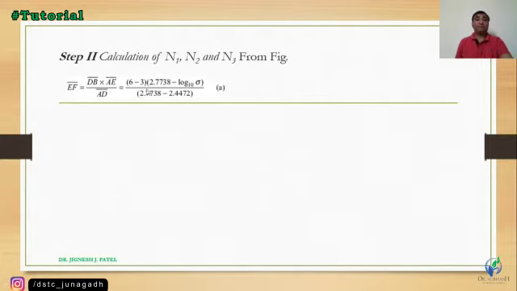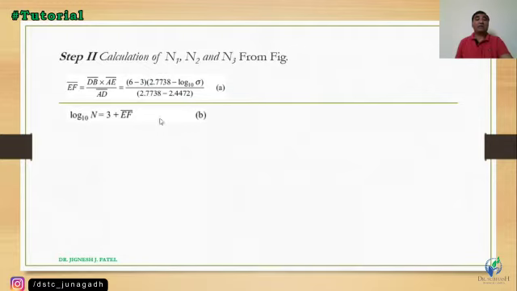From these two similar triangles, EF is equal to DB into AE upon AD. Now put the values: DB is 6 minus 3, AE is 2.7738 minus log sigma at point E, and AD is 2.7738 minus 2.4472. We know that log n is equal to 3 plus EF.